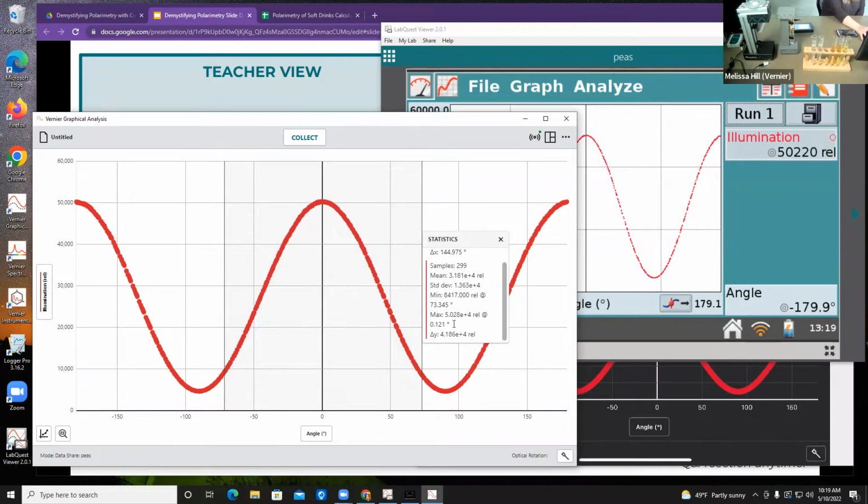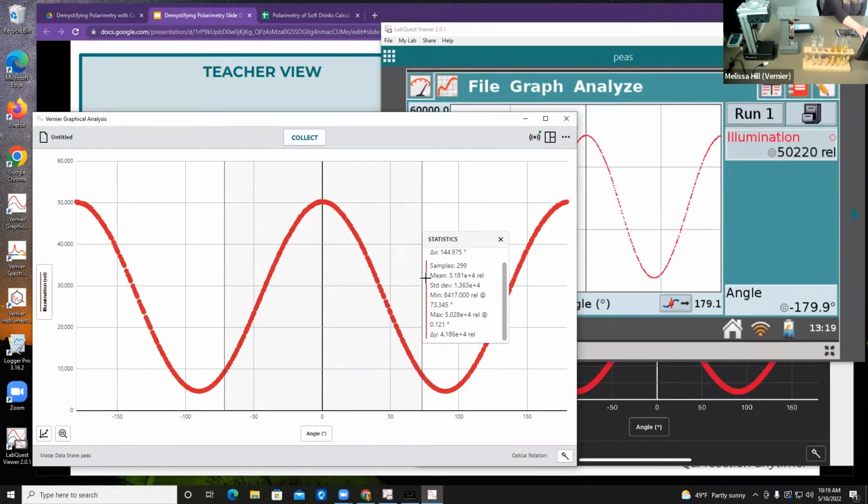That's kind of close to 0, but it's really not as close as I want it to be for actual quantitative data. As you can see, there's a lot of data being collected. So noise really contributes to statistics because it's just picking your max value. So this isn't going to give you the most accurate data, but it gives you a good feel for it.